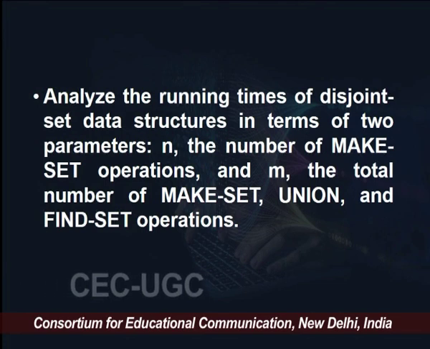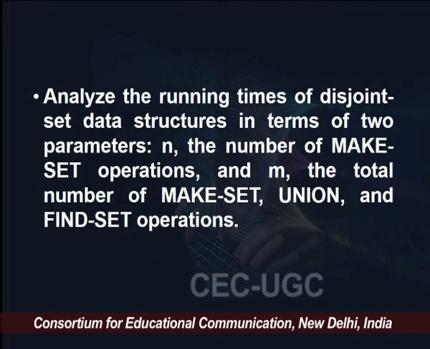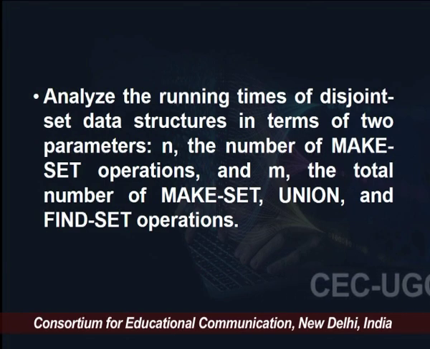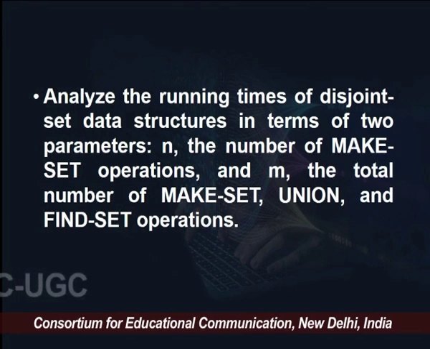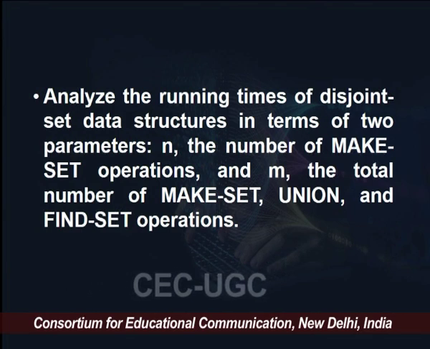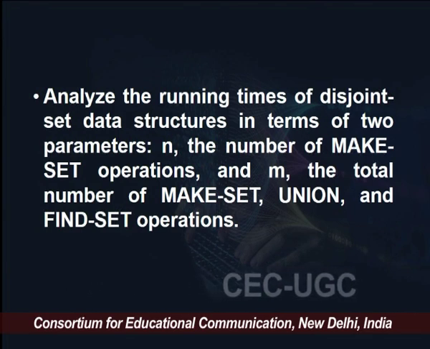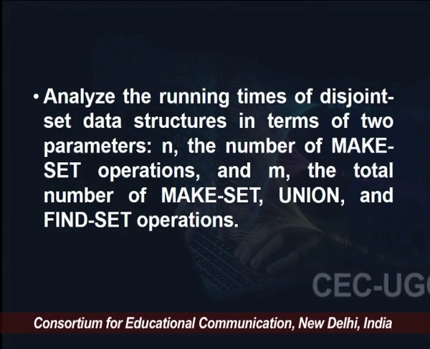So, analyzing the running time of disjoint set data structures is going to take place in terms of two parameters. One is n, the number of make set operations, and m, the total number of make set, union and find set operations.